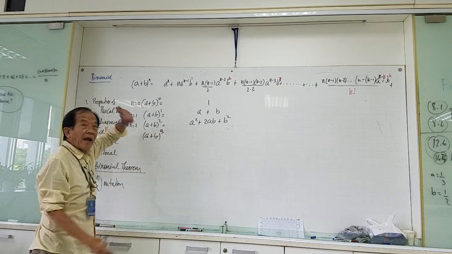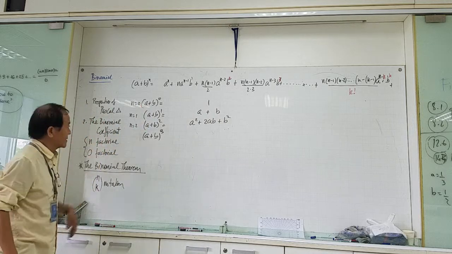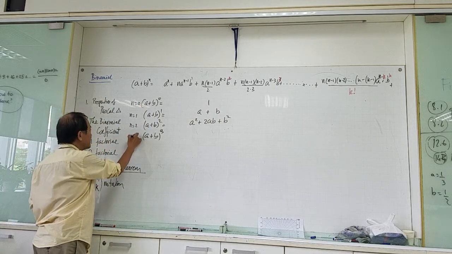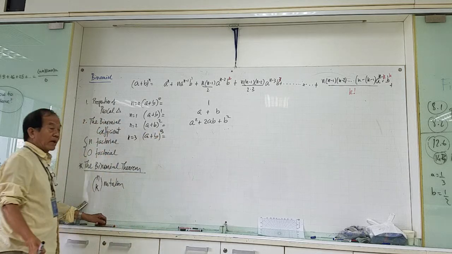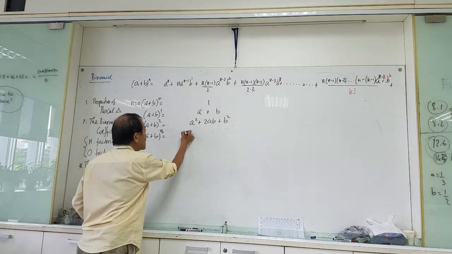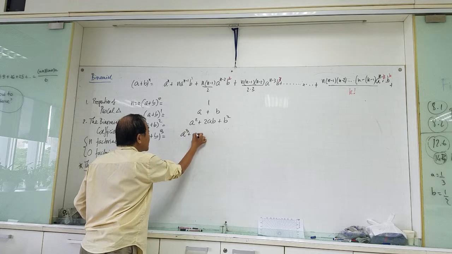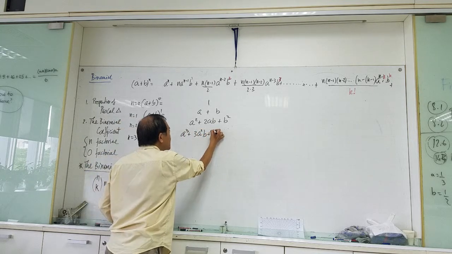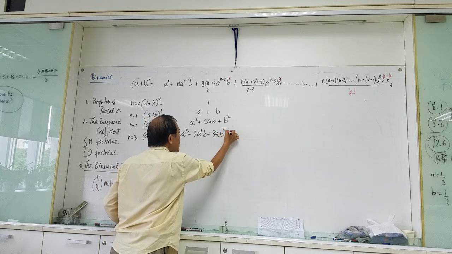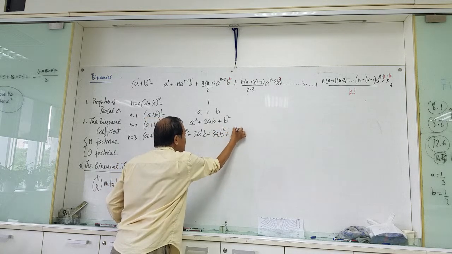Now we extend to any n, which can be 100 or 1,000. For n equals 3, (a + b)^3 equals a^3 + 3a^2 b + 3ab^2 + b^3.